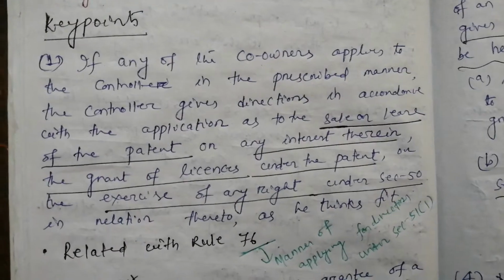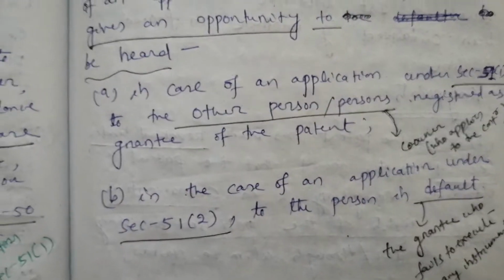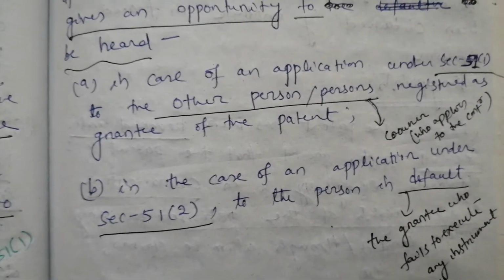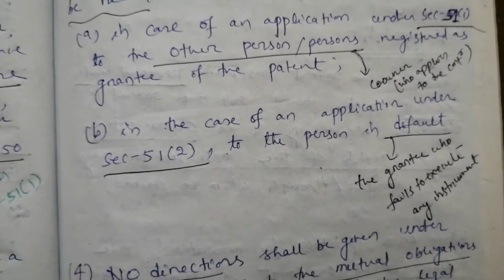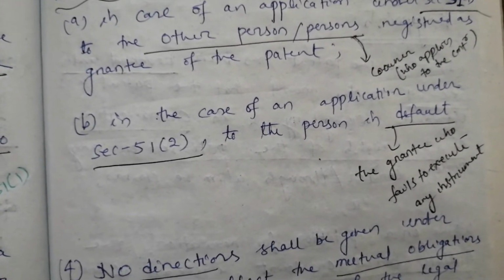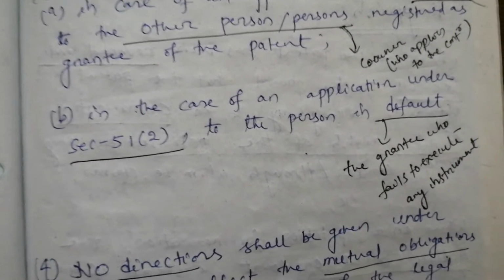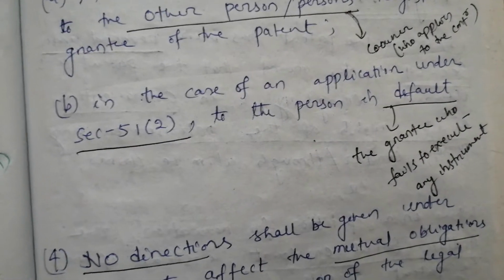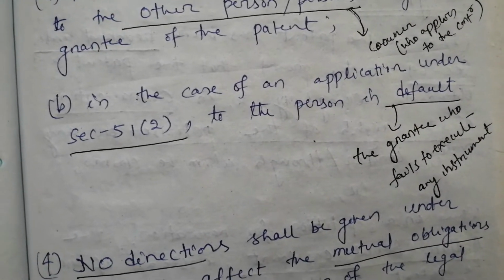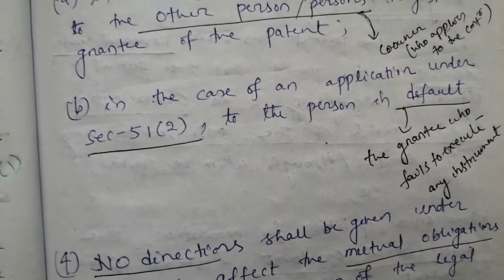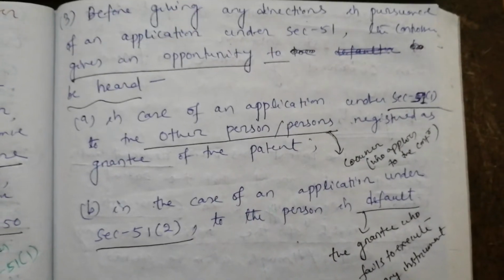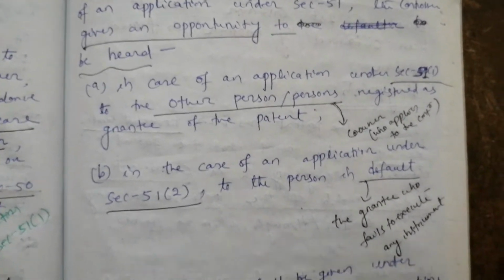Look at Section 51 subsection 1, then you will get it more clear. Then bit B says, in the case of an application under Section 51 subsection 2, to the person in default. Person in default means the grantee who fails to execute any instrument. In this way, subsection 3 is also completed.